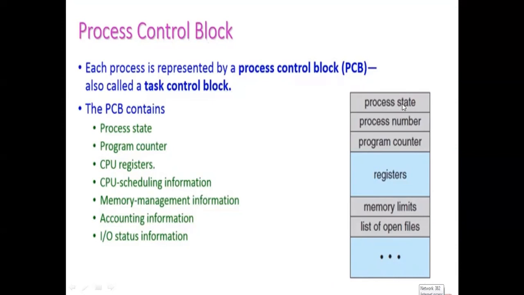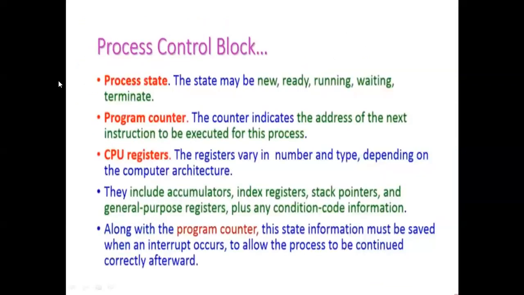Second is the program counter, then CPU registers, then CPU scheduling information, then memory management information, then accounting information, and IO status information. These are all the information which will be maintained in a process control block, otherwise called a task control block. We'll see them one by one.